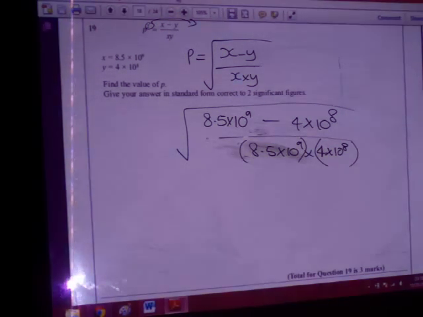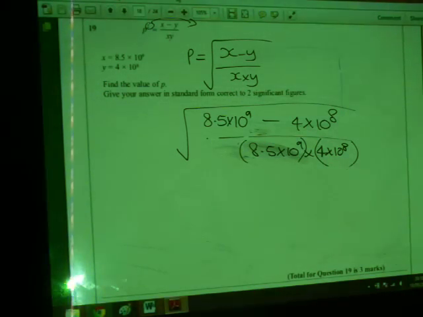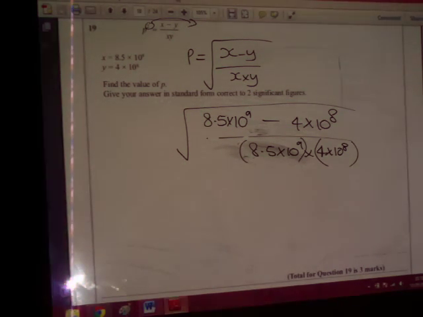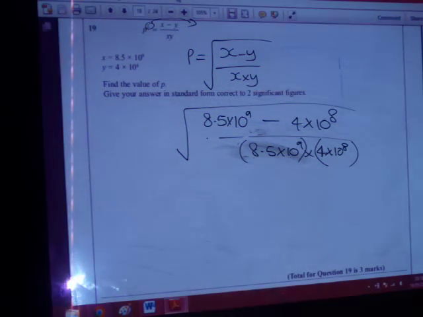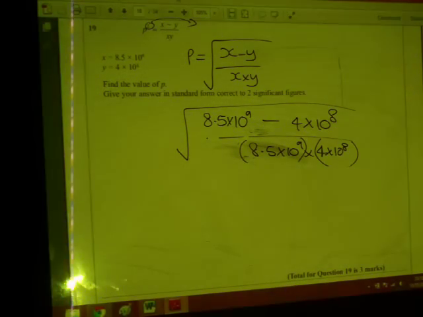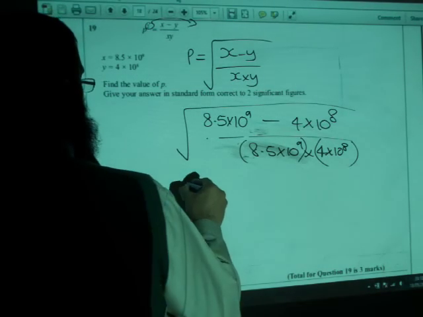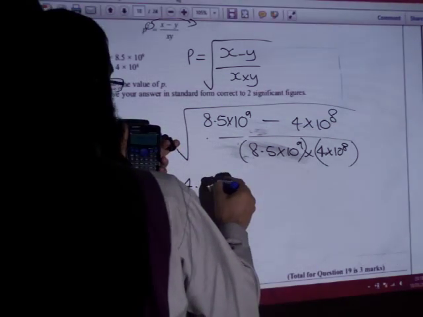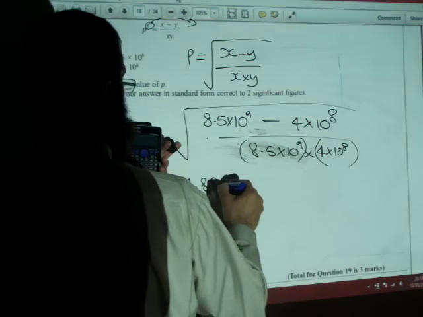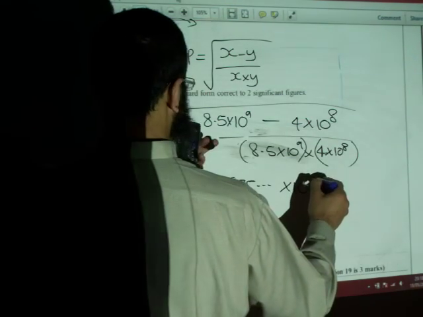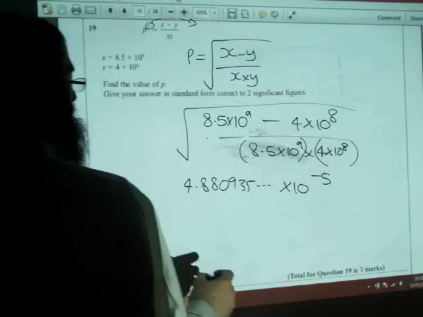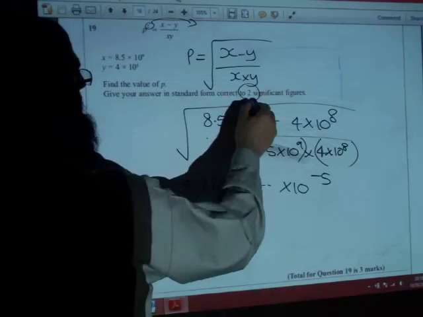My answer here is 4.880935. The question asks for the answer to 2 significant figures.